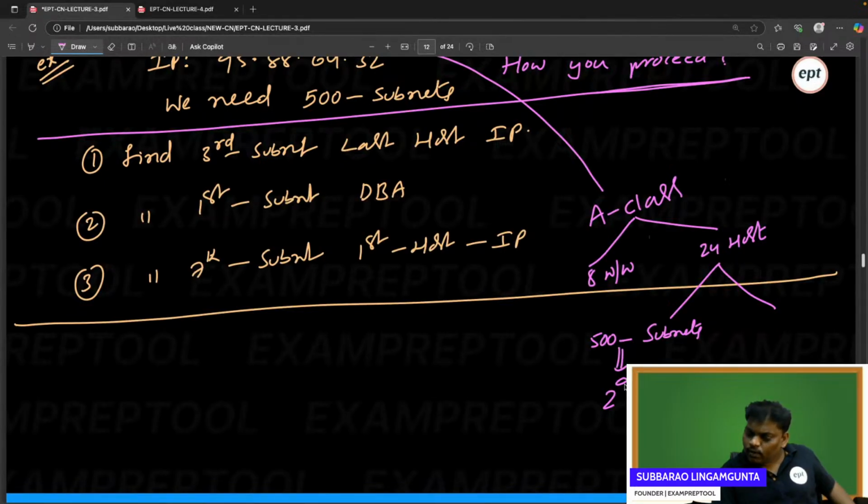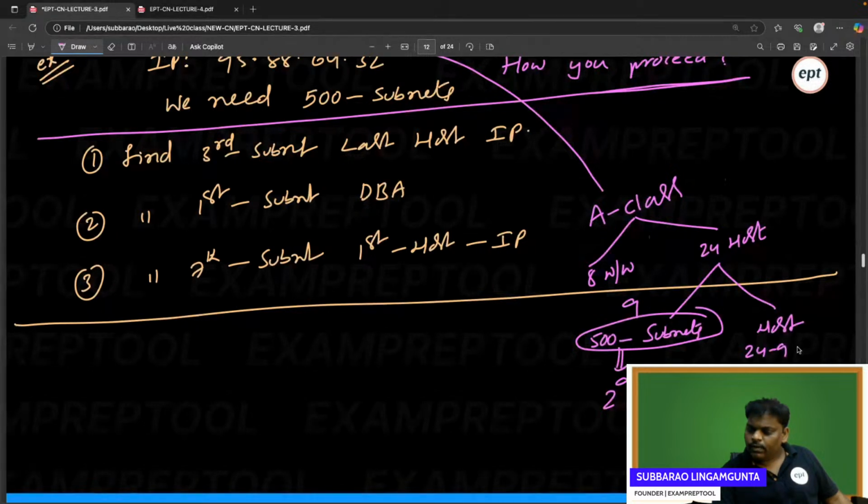So 500 subnets required, so 2 power 9. So 9 bits for the subnet purpose. 2 power 9 subnets possible. Can you say what about the host? Previously host was 24 bits, now 24 minus 9, which goes to 15.